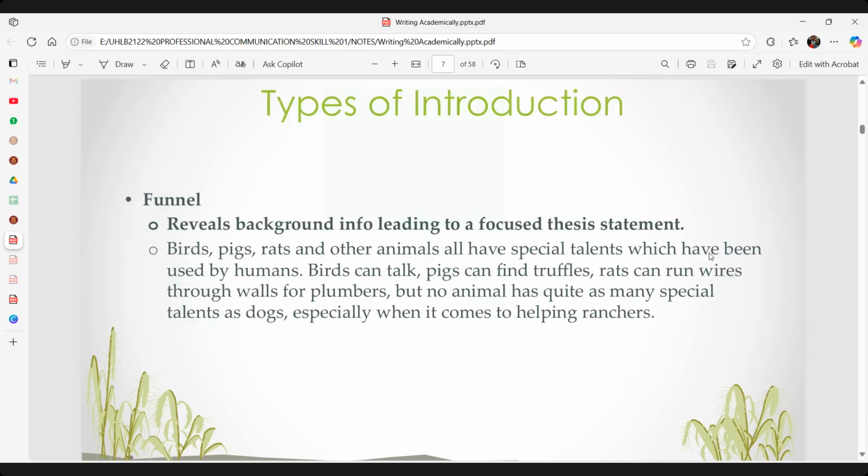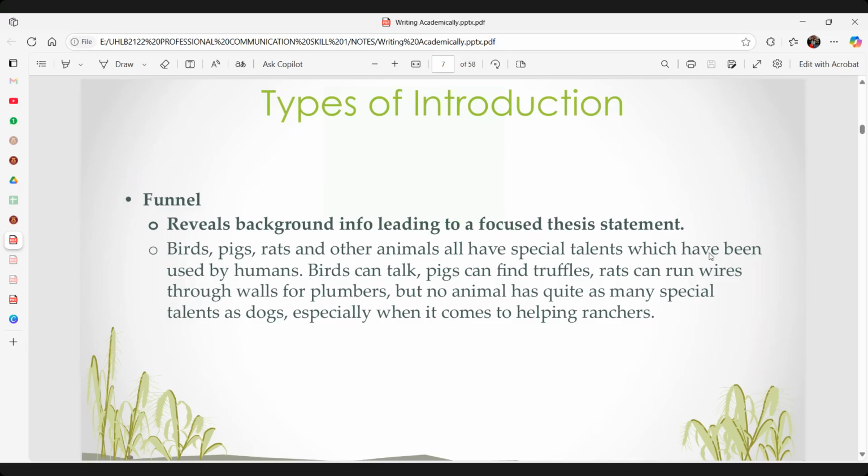Okay. Now, types of introduction, you have funnel. Funnel refers to the idea that you reveal background information leading to a focused thesis statement. So basically you tell a story about the problems, and then you focus on the thesis statement itself.